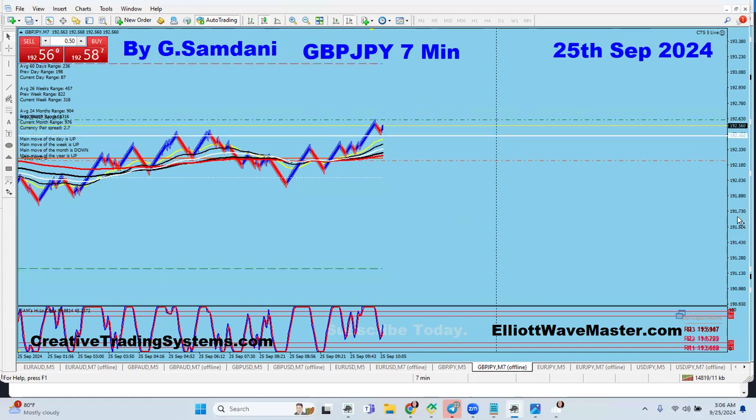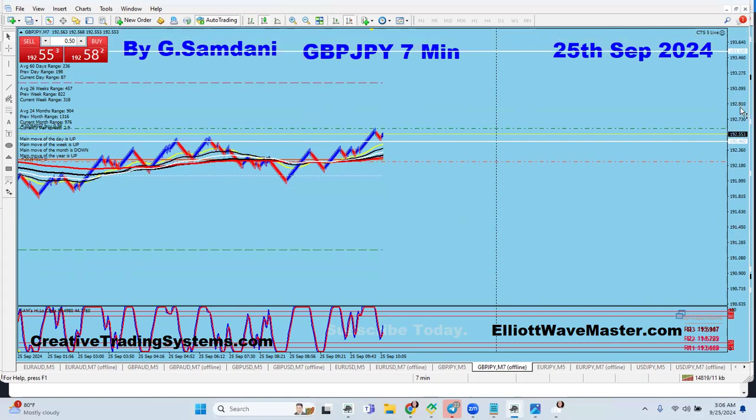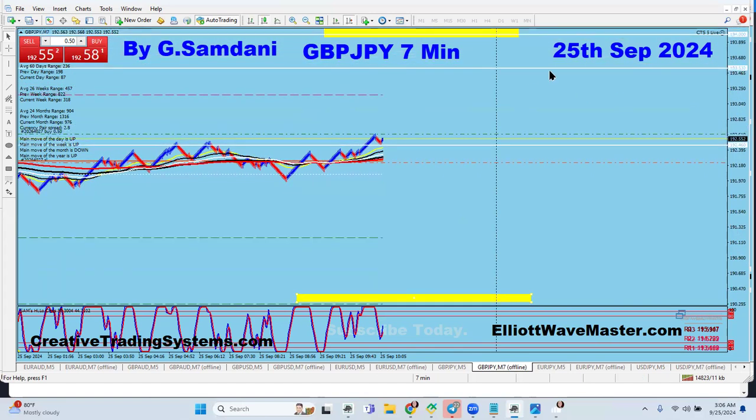Into this area. Even if I close on this level here, 193.53, my entry is right there in front of you, right? So from here to here is going to be a 90 pip trade, which is enough, right? And if you have especially 2 or 3 trades running, sometimes I get 5 at the same time, because I don't open the trade, all I do is my homework ahead of time, right?